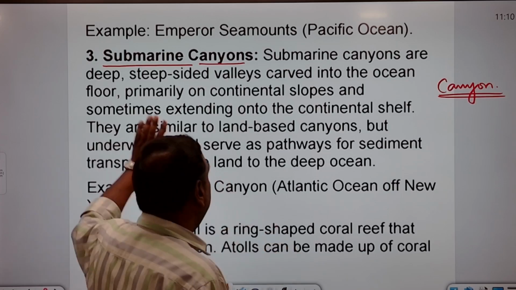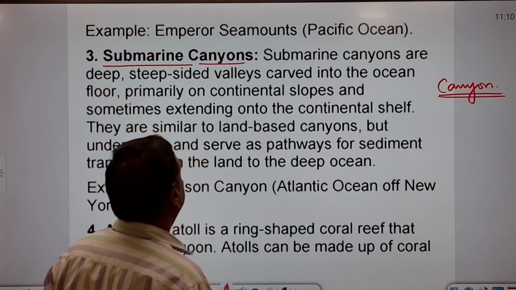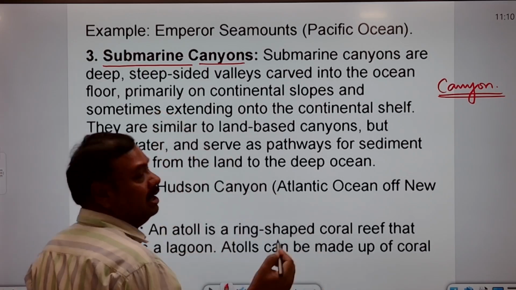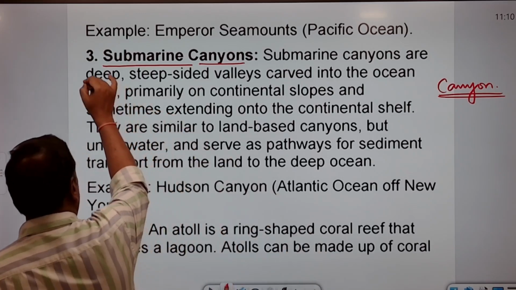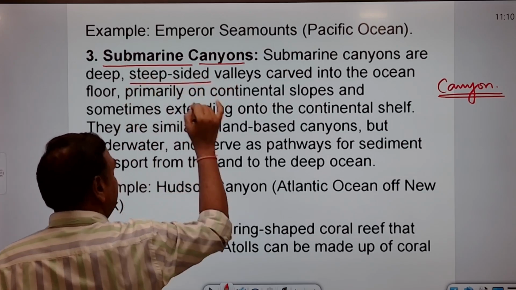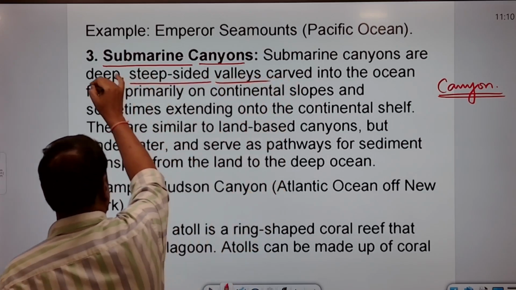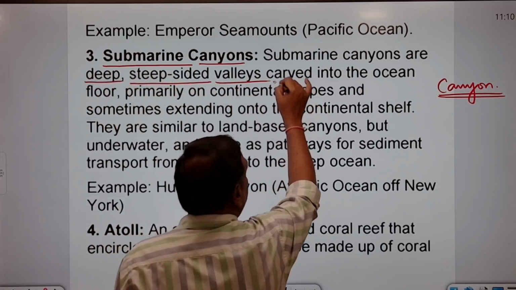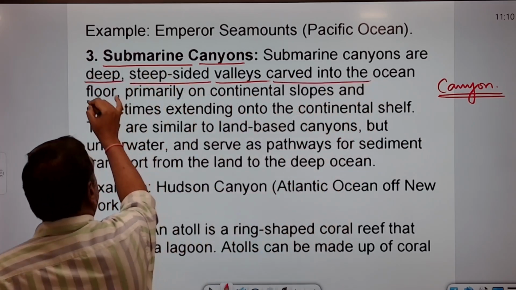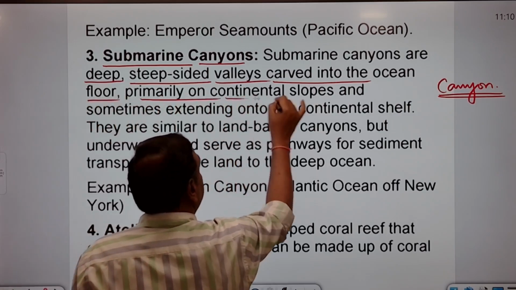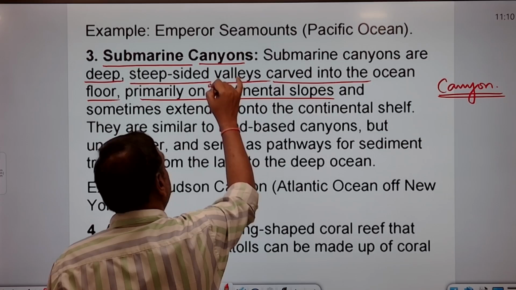Okay. Now for submarine canyons, what you have to remember here, like the continental canyons, they are also steep-sided valleys. They are also deep, and they are carved into the ocean floor, primarily on the continental slope. This is very important.